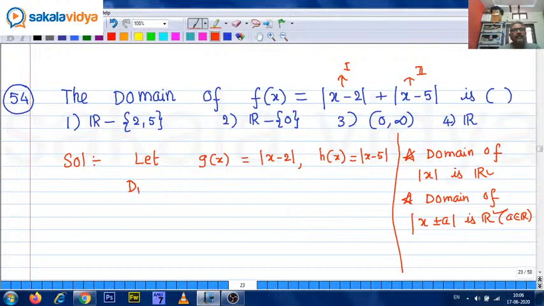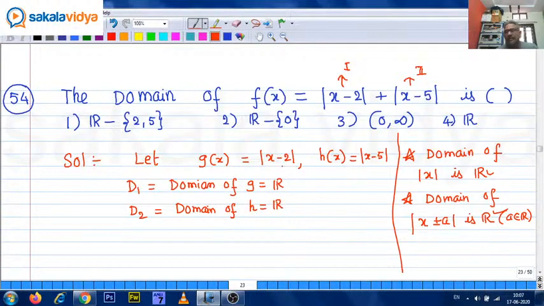Say d1 is the domain of g, equal to the set of real numbers. d2, the domain of the h function, is also R. It takes all the real numbers.